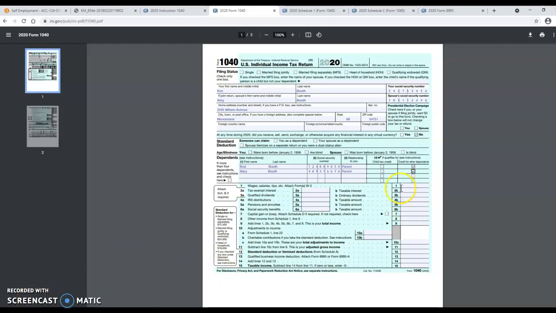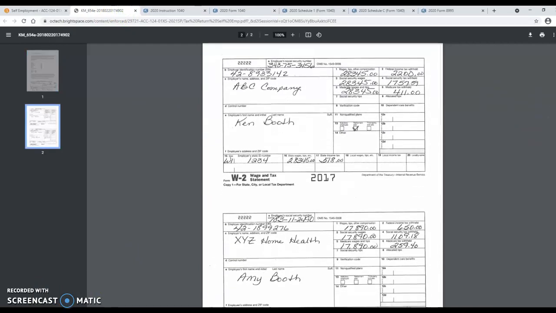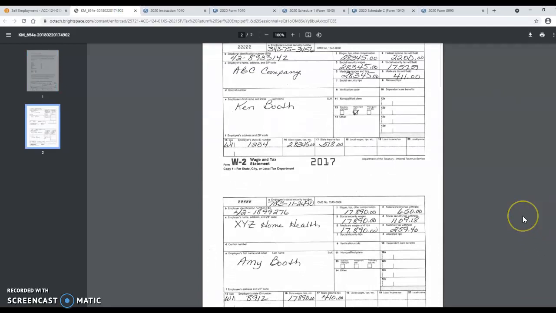We get down to the wages, and we would look at our summary sheet, which would include the gross wages from both of these W-2s, the 28,345 and the 17,890 from Amy.